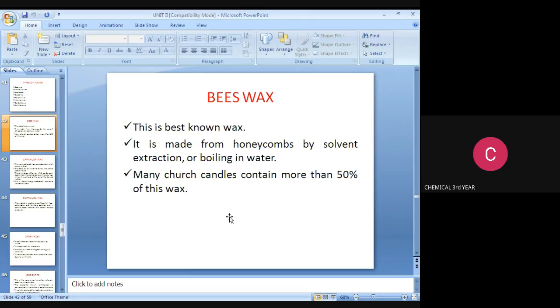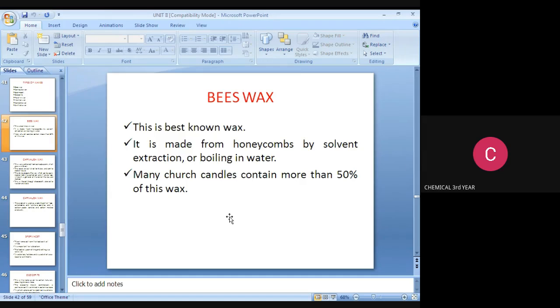Using solvent extraction, what is extraction? The solution enters the extractor and we add a solvent. Based on the solubility of the solute, the solute and extracting solvent are separated as the extract, and the feed solvent, with the extracting solvent present in a small amount, is called the raffinate.